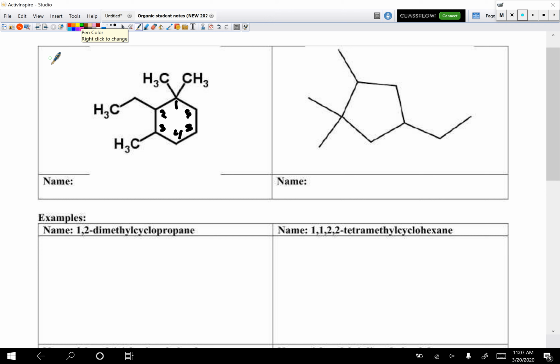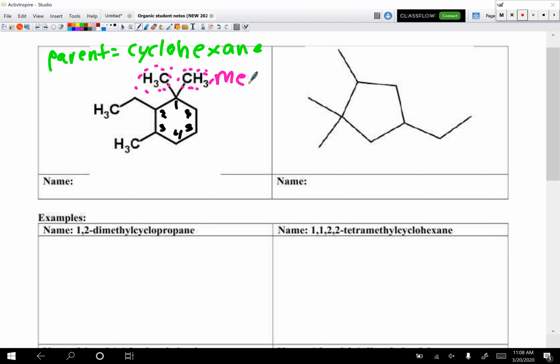So our parent is going to equal cyclo, in this case here, 6 carbon, so it's hexane. And as for my branches, now this is 1 carbon, so these are both methyl, and this is methyl.